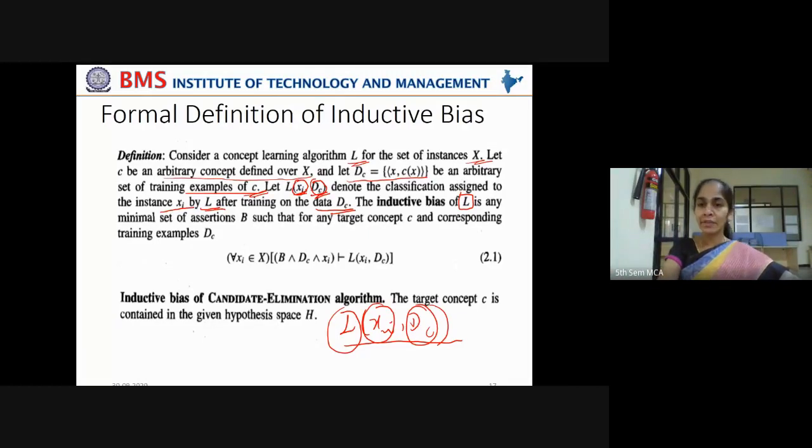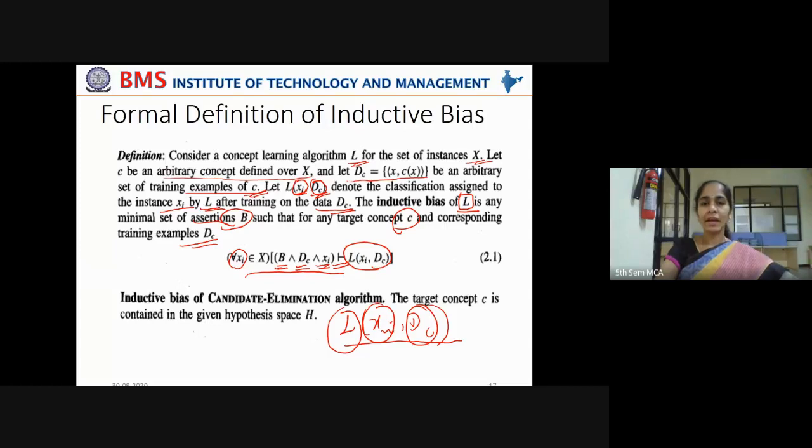Now the inductive bias of L is any minimal set of assumptions B such that for any target concept C and corresponding training examples DC, for every new instance that belongs to X, the classification of that new instance can be deduced from the combination of the assumptions, the training examples, and the new instance's attribute combinations.